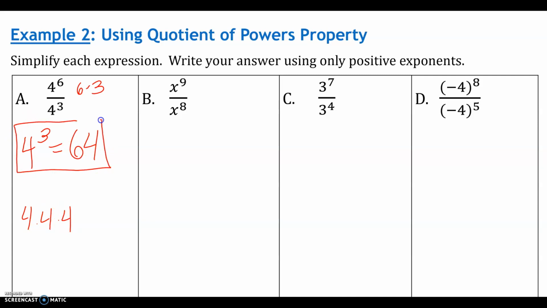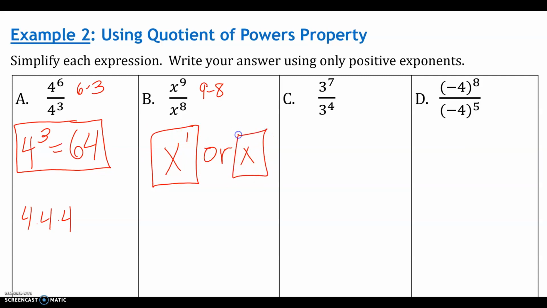This is what I would like you to box for me. Okay. Oh, the next one's easy because it's just the letter X. So you're going to subtract because they're both X's. So 9 minus 8 is just X to the 1st. And if you remember, you could simply just say it's X.